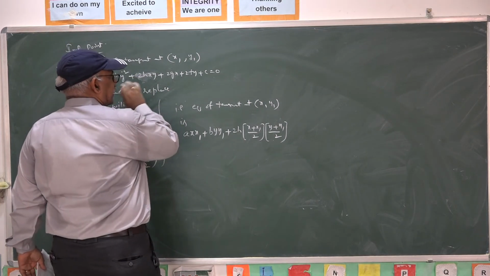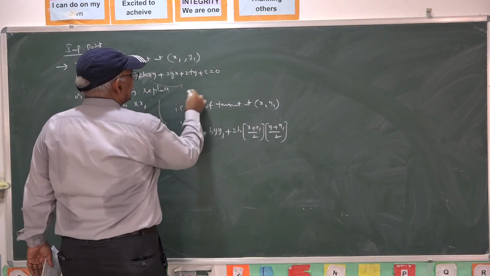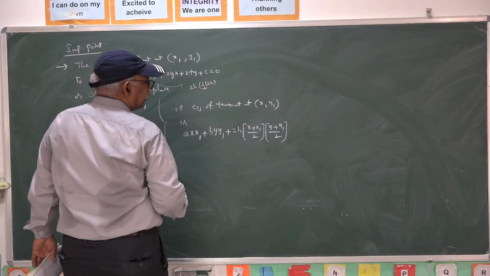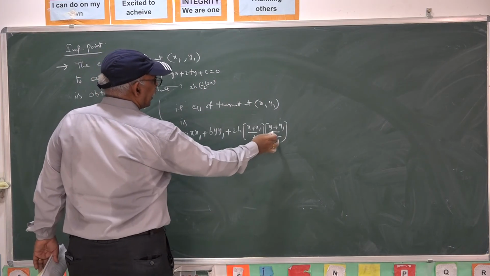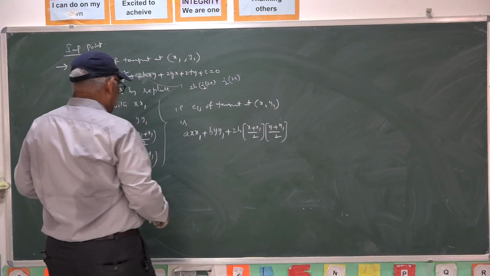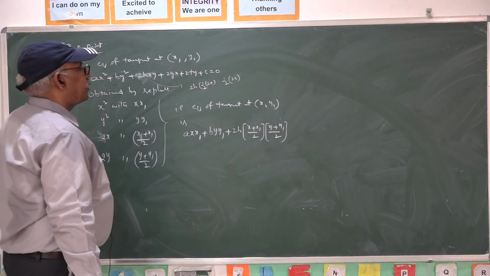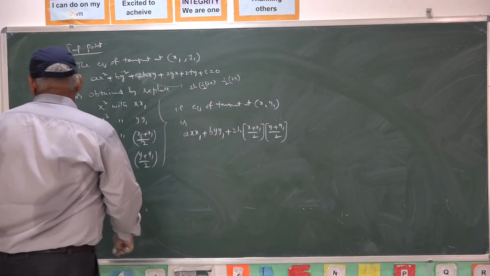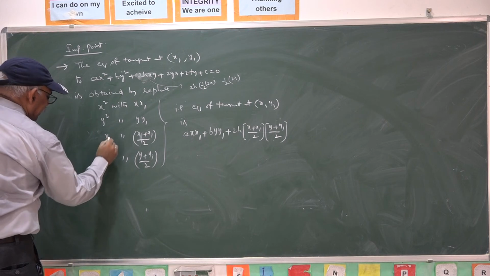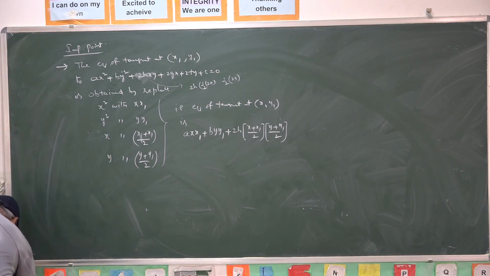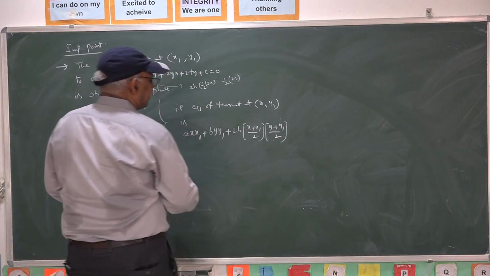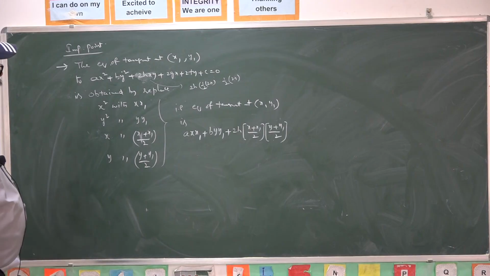The term 2hxy can be written as 2h into 1 by 2 into 2x, 1 by 2 into 2y. So this is correct. x is replaced by x, y is replaced by y, giving 2h into x plus x1 by 2, y plus y1 by 2.